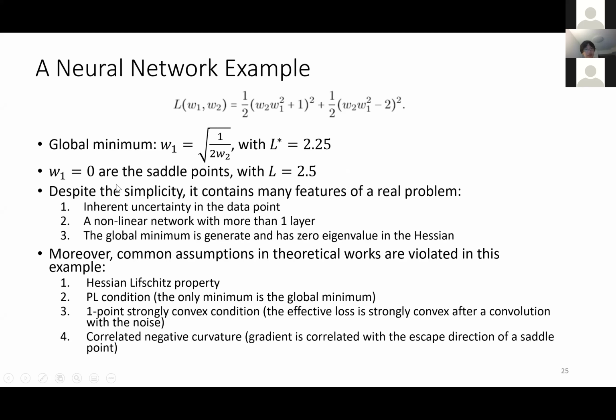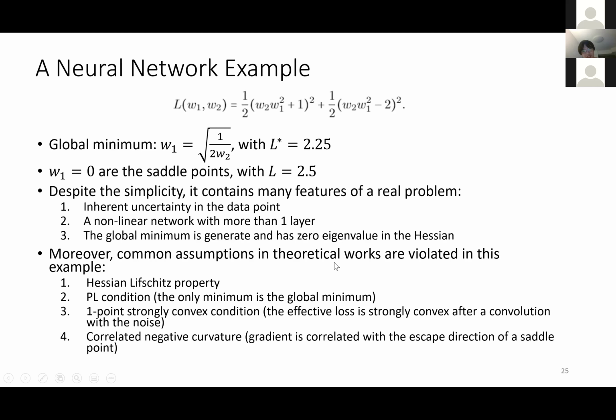Despite the simplicity, it contains many features of a real problem. For example, there is inherent uncertainty in the data point, and there is a nonlinear network with more than one layer. The global minimum is degenerate and has 0 eigenvalue in the Hessian. This frequently happens when you have an overparameterized network, and it's also present in our minimal example.